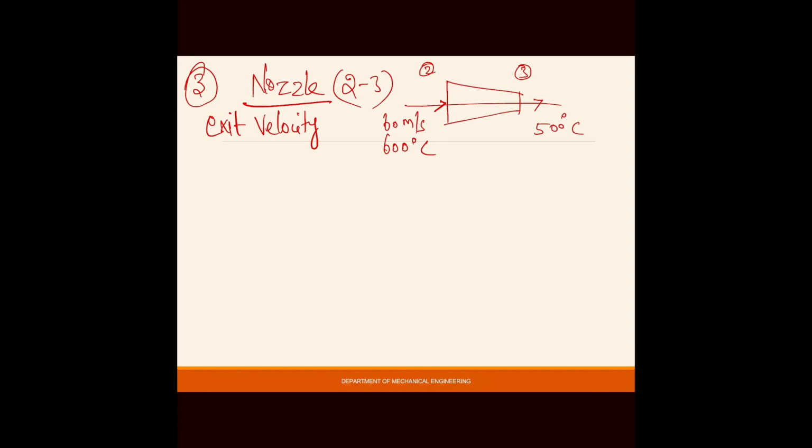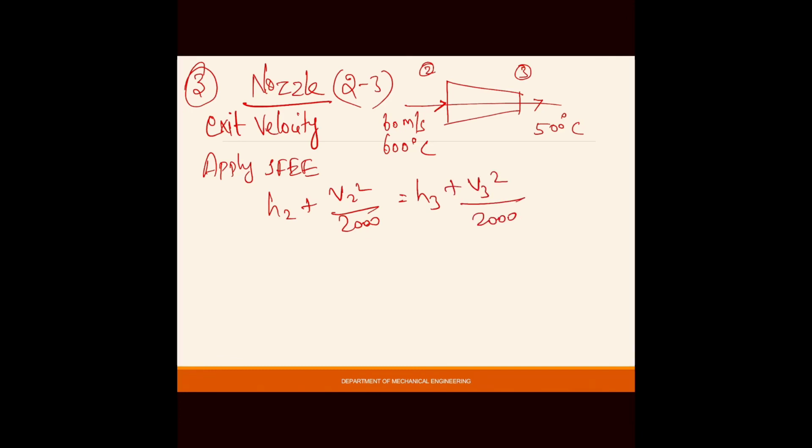So the final velocity is obtained by applying the steady flow energy equation. Enthalpy H2 plus V2 square by 2000 is equal to H3 plus V3 square divided by 2000.